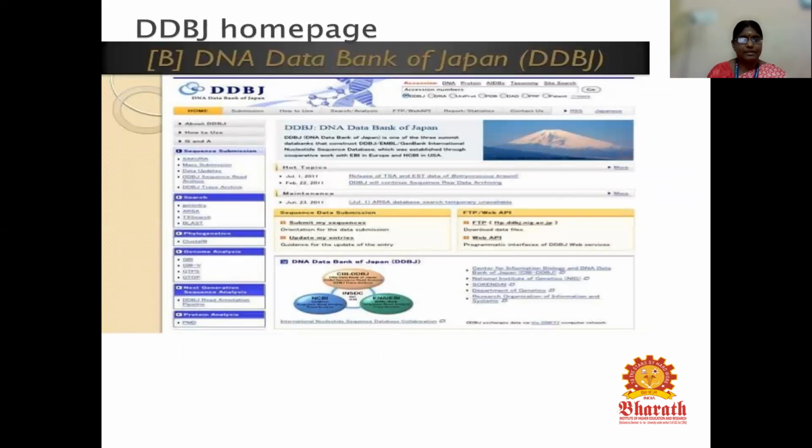In this diagram, you can see the home page of the DNA Data Bank of Japan. It is entirely different from NCBI. In NCBI, we have nucleotide, PubMed, OMIM, and literature survey, whatever we need, and we can see it in NCBI.